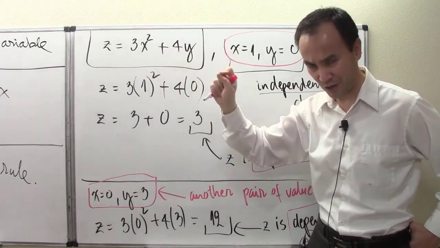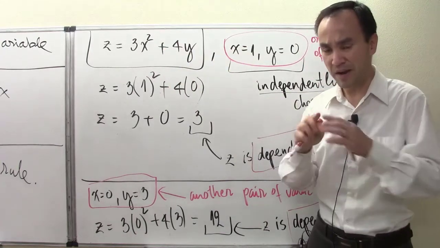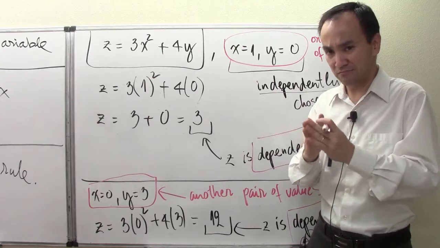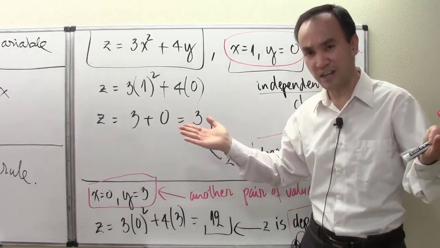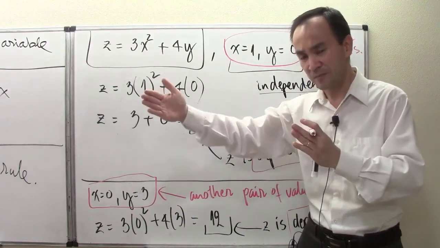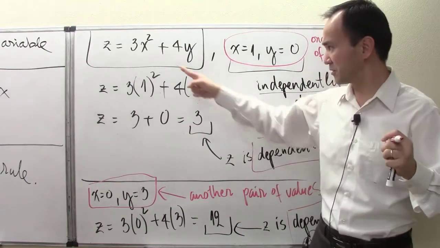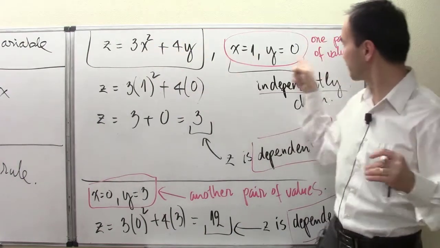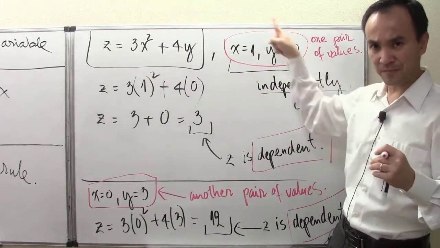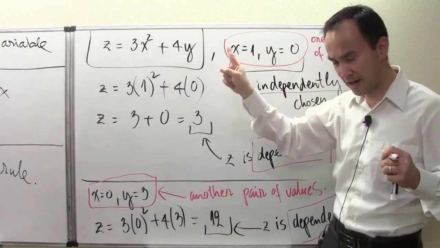Now, be careful in the way I'm saying this, because I'm making this lecture for any audience, no matter which field you're going into. Even if you go a little more advanced, I still see this as one input. It has two values, but one pair is one input.